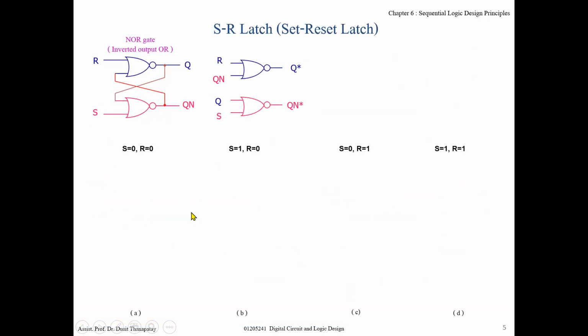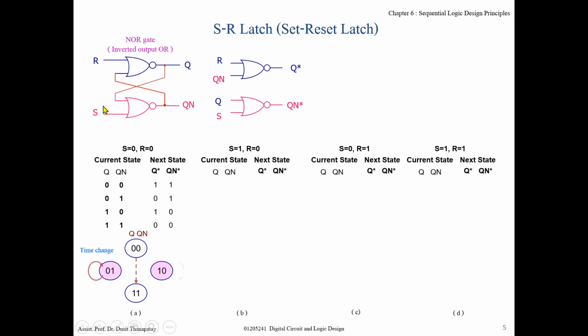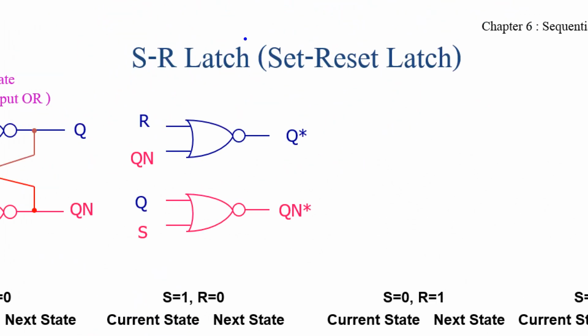That means if you apply input SR with 0, 0, the circuit now has the same behavior as this one. Namely, if you apply 0 here, this device is the same as an inverter.